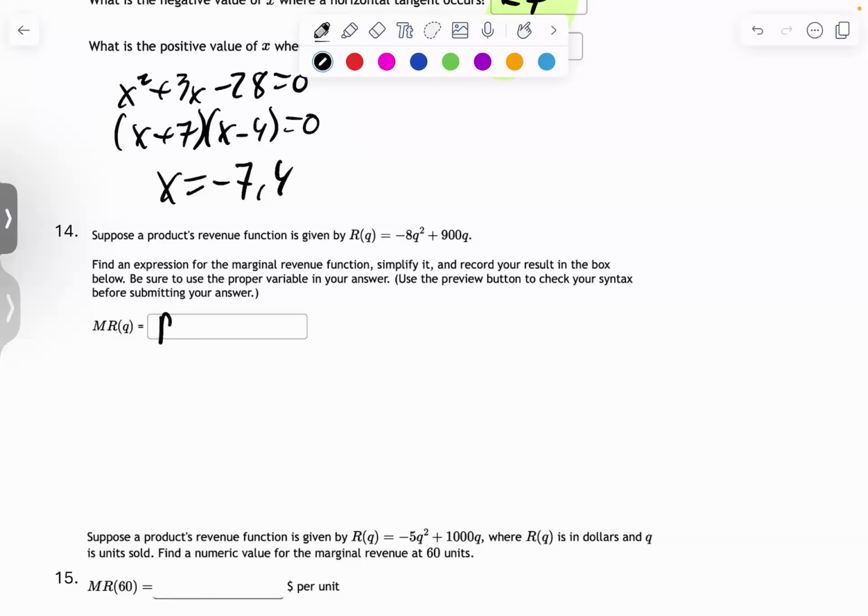So this is going to be R prime of Q, meaning the derivative of R with respect to Q. This is going to be negative 16Q plus 900. And that is it. That's our whole answer. Does it have us evaluate? It does not have us evaluate it anywhere. Yep, that's it.